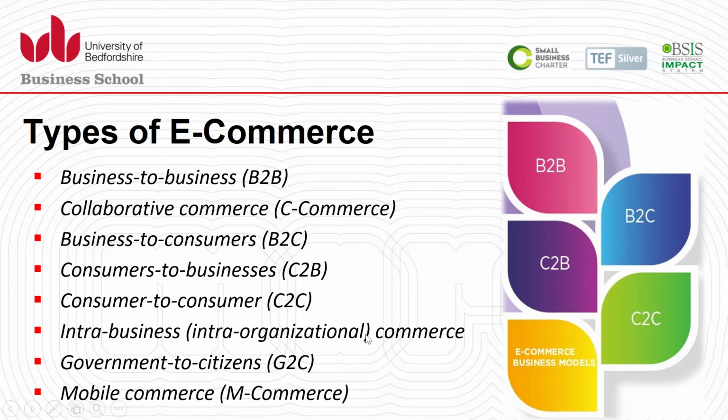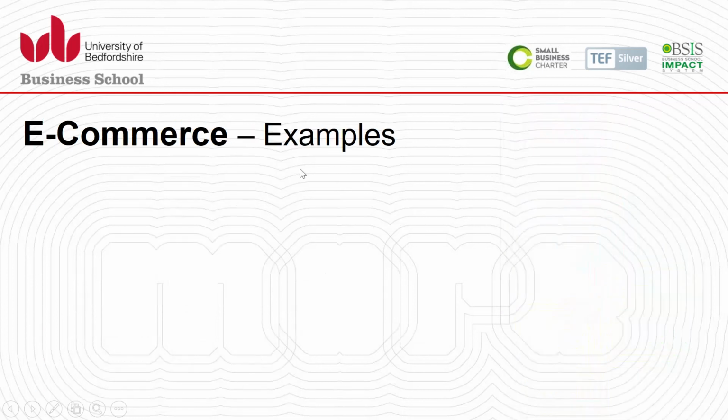People are advertising from customer to customer. There are transactions or e-commerce features from business to business for various procurement or supply chain, and then collaborative commerce is another key type of e-commerce. However, government also provides these services to their citizens, and then mobile commerce is another key feature of e-commerce.